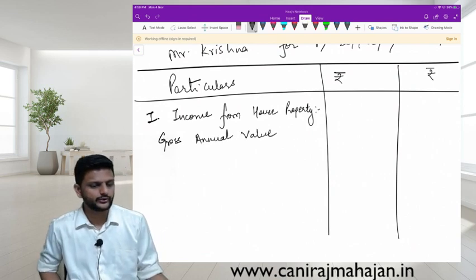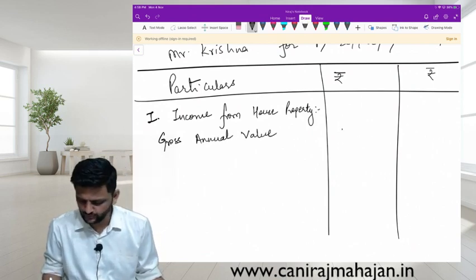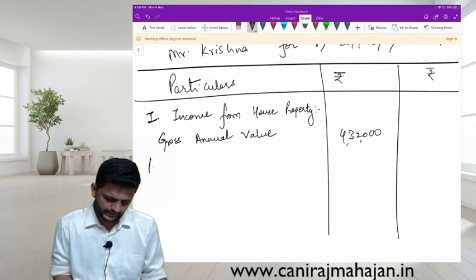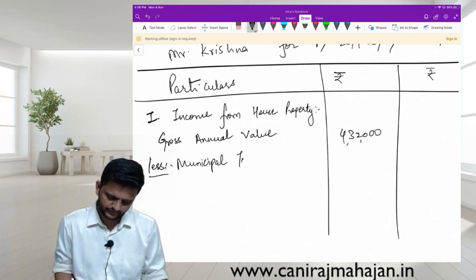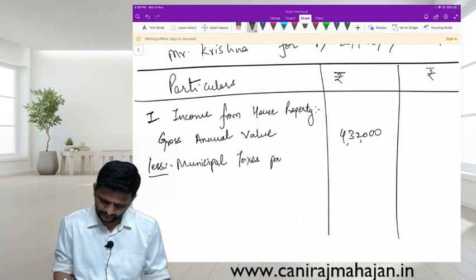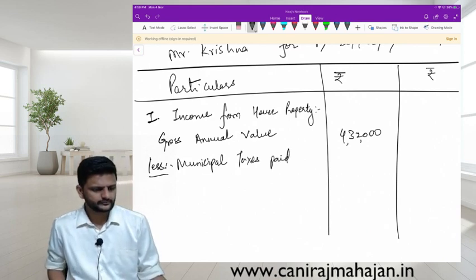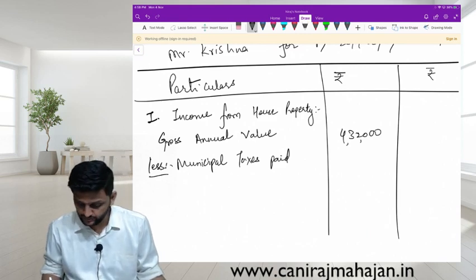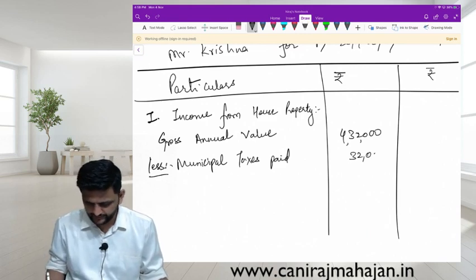How much is gross annual value? 4,32,000. Less what? Municipal taxes paid. How much is given to us? 32,000. So convenient.